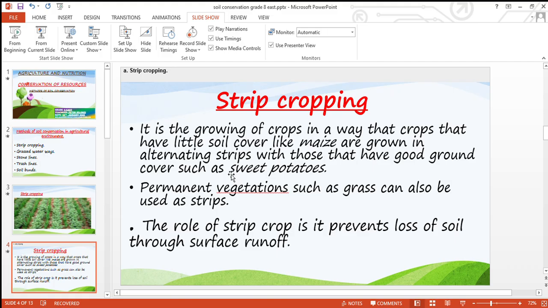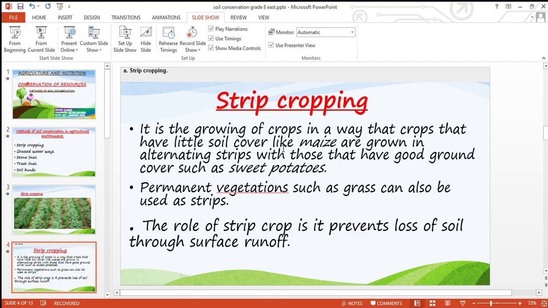Another thing you need to know about strip cropping is that permanent vegetation such as grass can also be used as a strip. Are we together? Yes. The main role of the strip is that it prevents loss of soil through surface runoff.